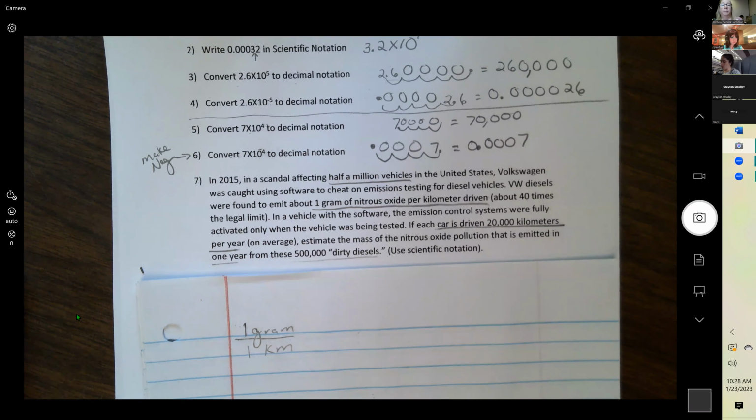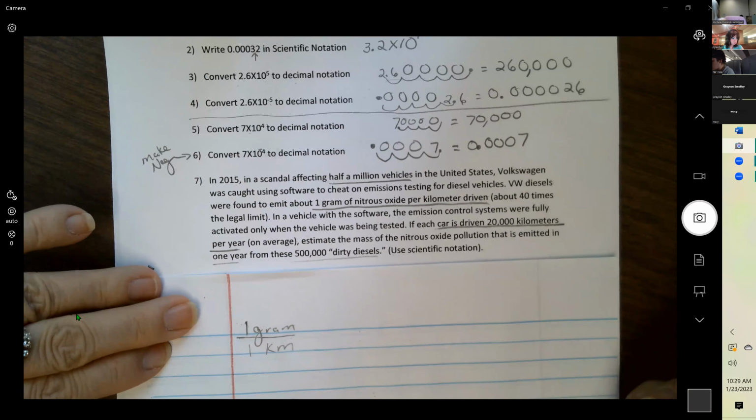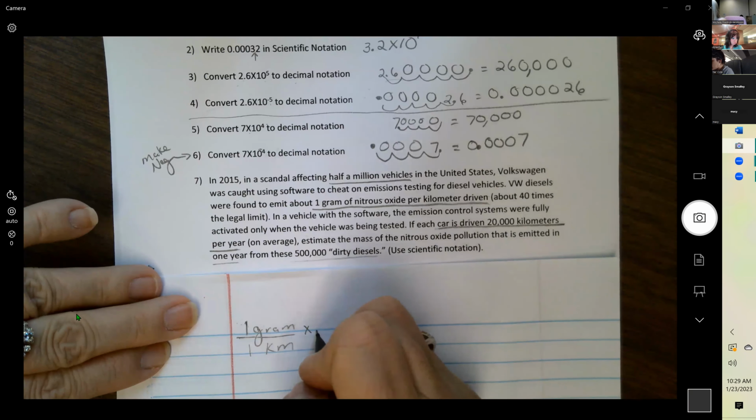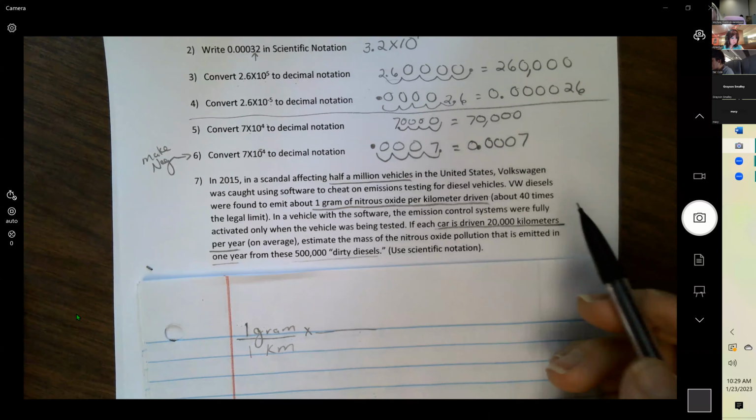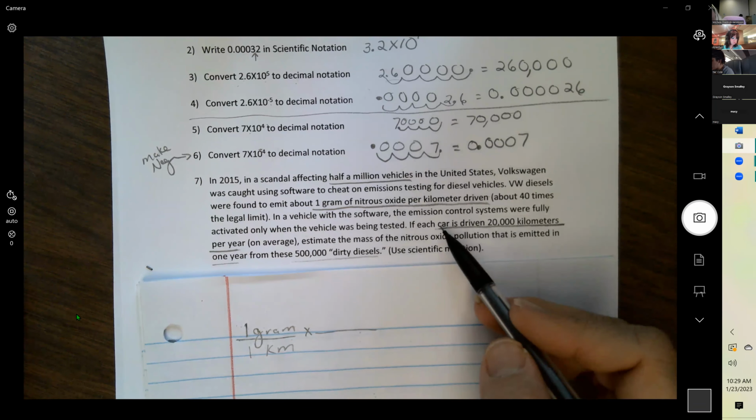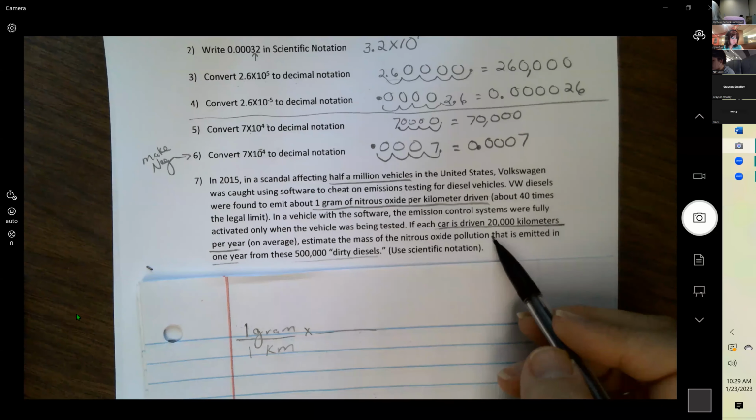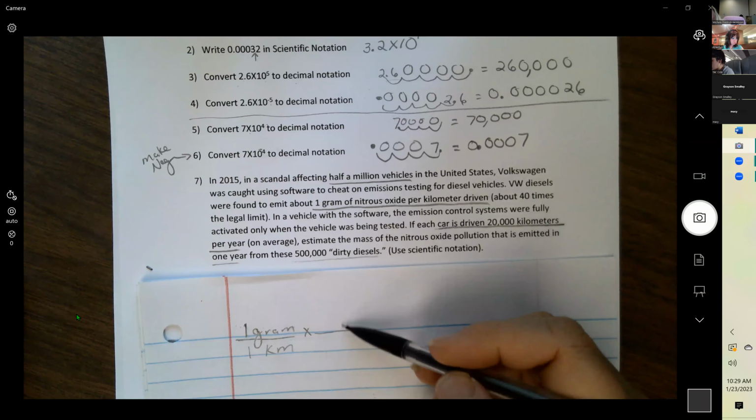So if we have 1 gram for each kilometer, and each car is driving 20,000 kilometers per year, we know we have 1 car, 20,000 kilometers per year. So we have to decide, are we putting the 1 car or the 20,000 kilometers on the top of our fraction?